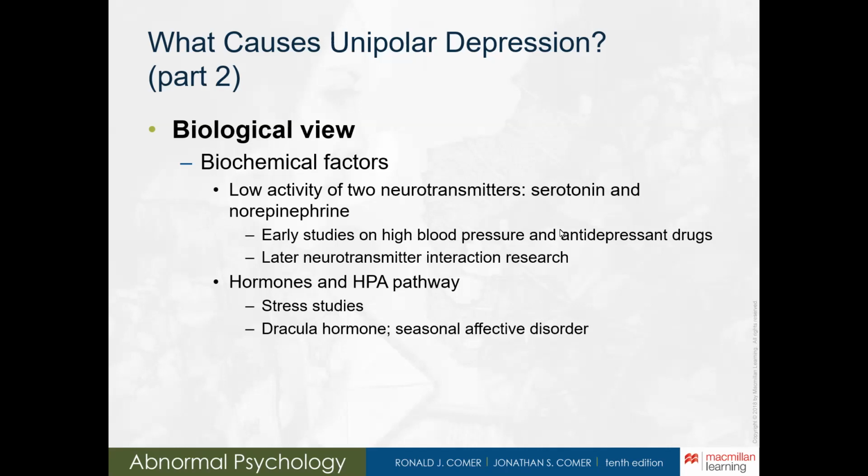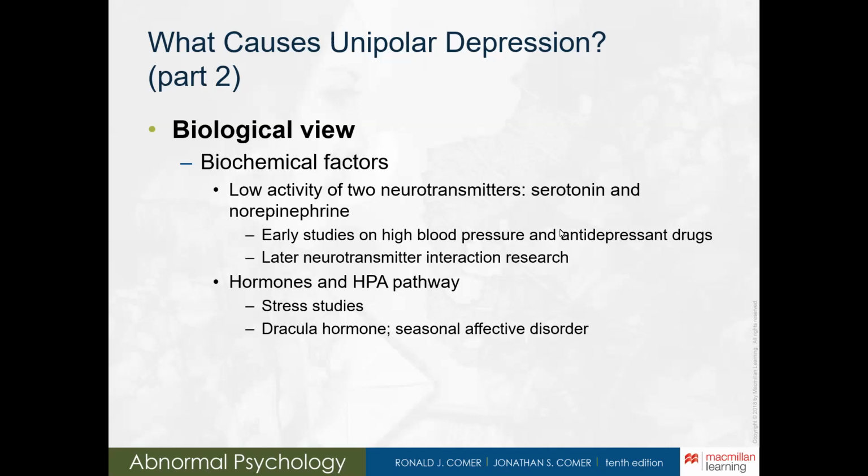Some lowered serotonin, whereas others lowered norepinephrine. But later, neurotransmitter interaction research showed that truly effective antidepressant medications, which relieve depression by increasing serotonin and norepinephrine, confirmed the role of neurotransmitters. Depression likely involves not just serotonin or norepinephrine, but a complicated interaction at work, and other neurotransmitters may be involved.